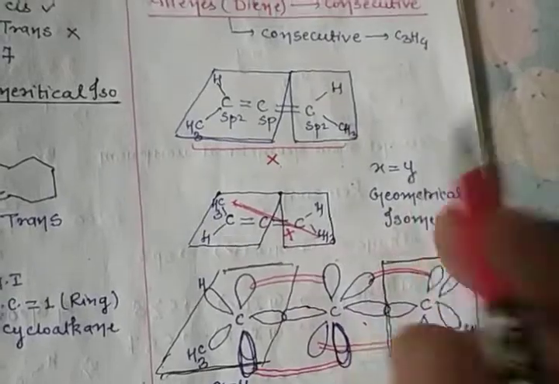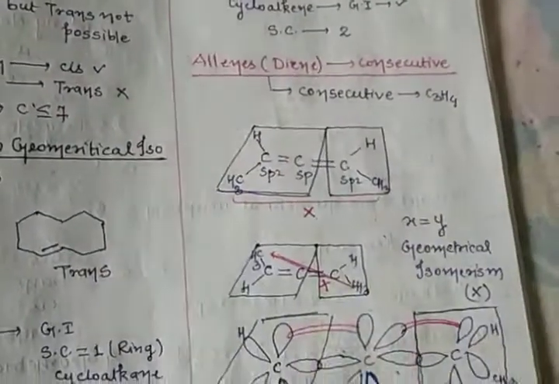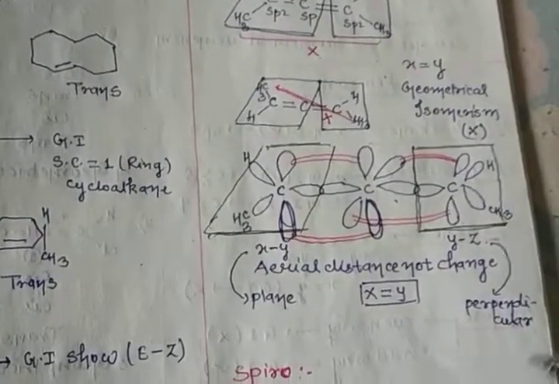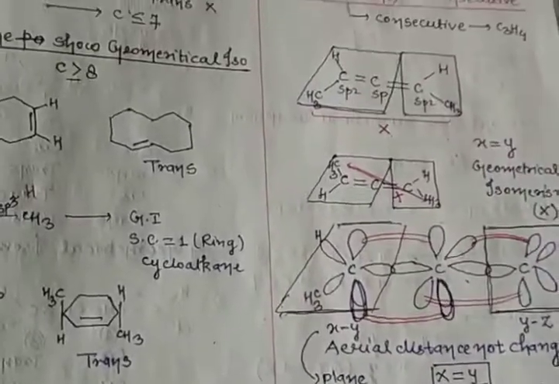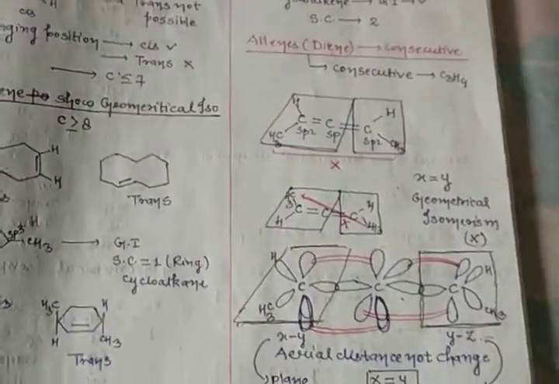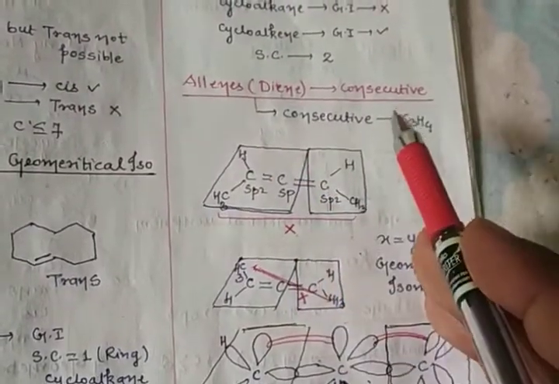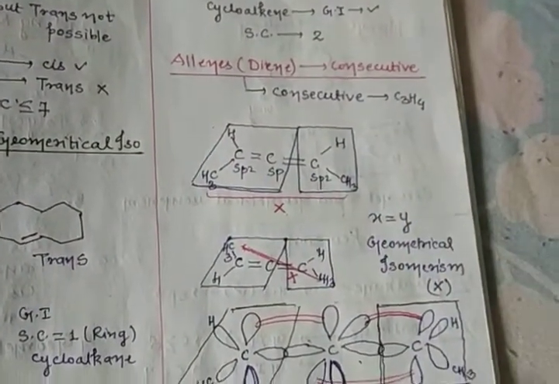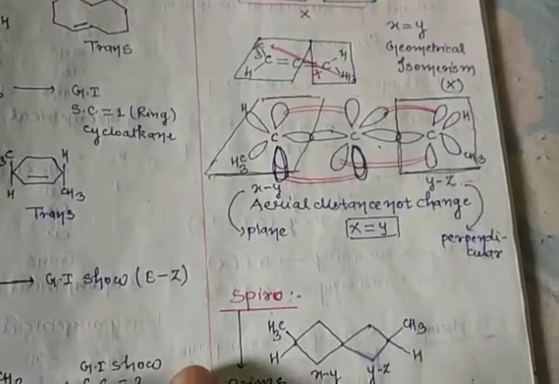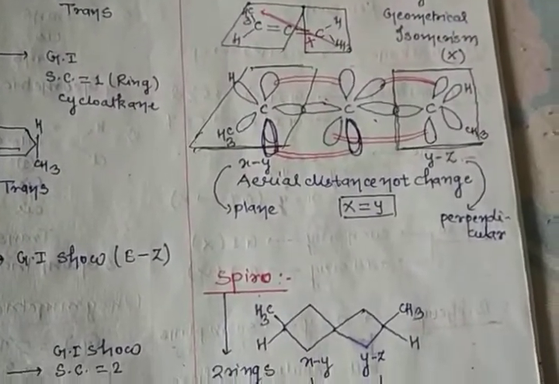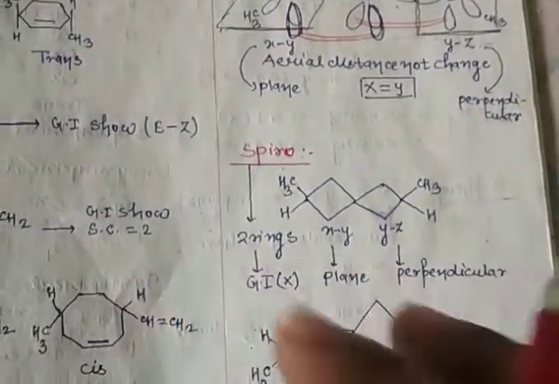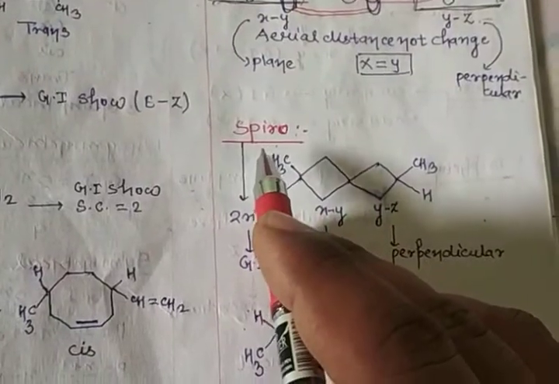It means X is equal to Y. This is only possible in allenes. So it means allenes do not show geometrical isomerism. So just learn that allenes, conjugative double bonds, can't show geometrical isomerism.